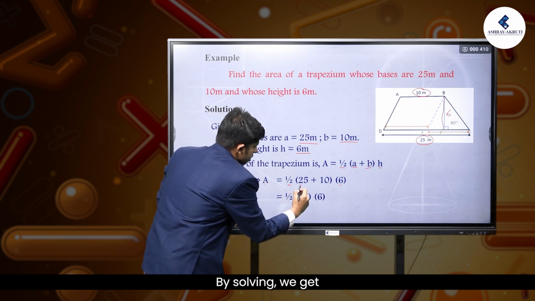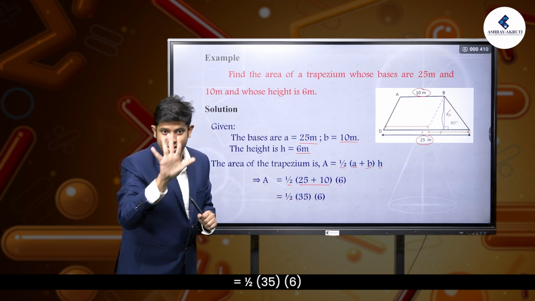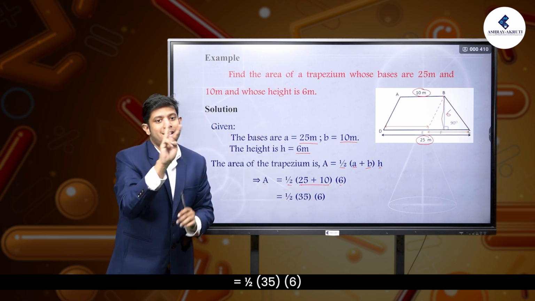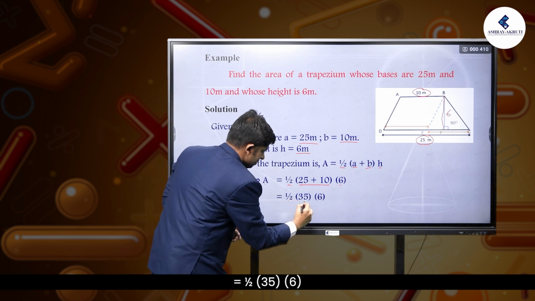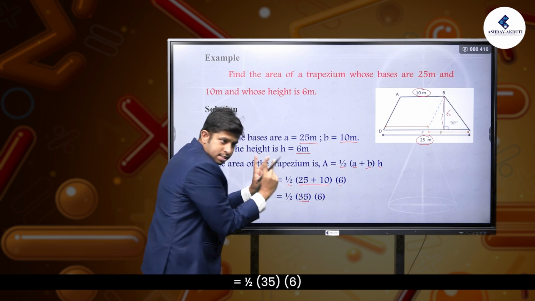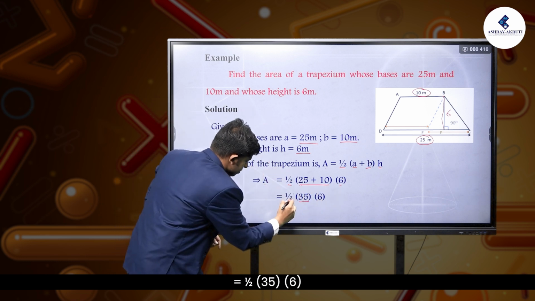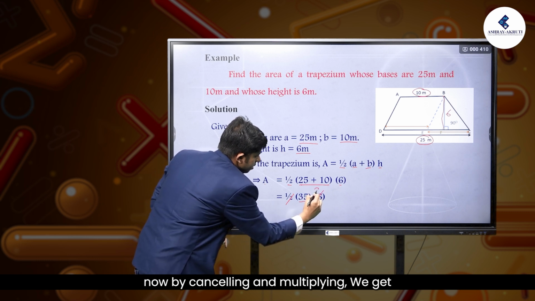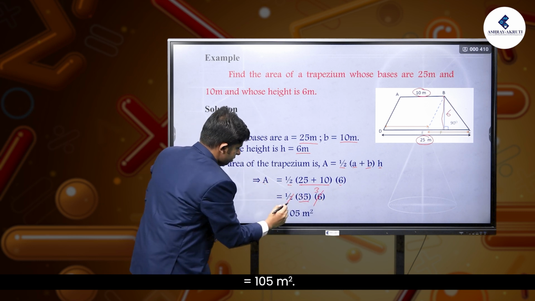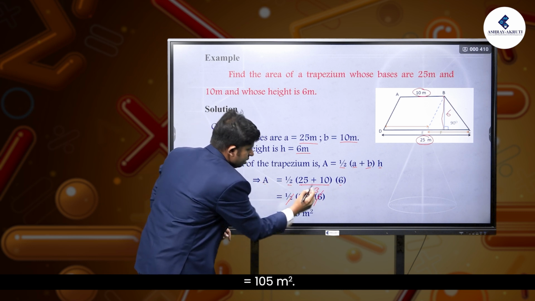By solving, we get half into 35 into 6. Now, by cancelling and multiplying, we get 105 meter square.